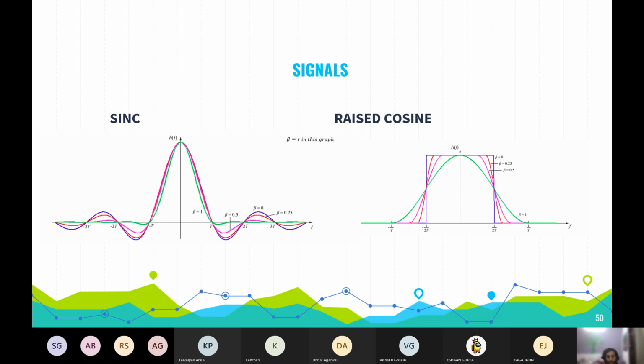It looks somewhat like the sinc curve, but the decay is very fast. The sinc curve takes a lot of time to decay to zero. The raised cosine curve decays fast, but it takes more bandwidth. So it is a trade-off, I would say.